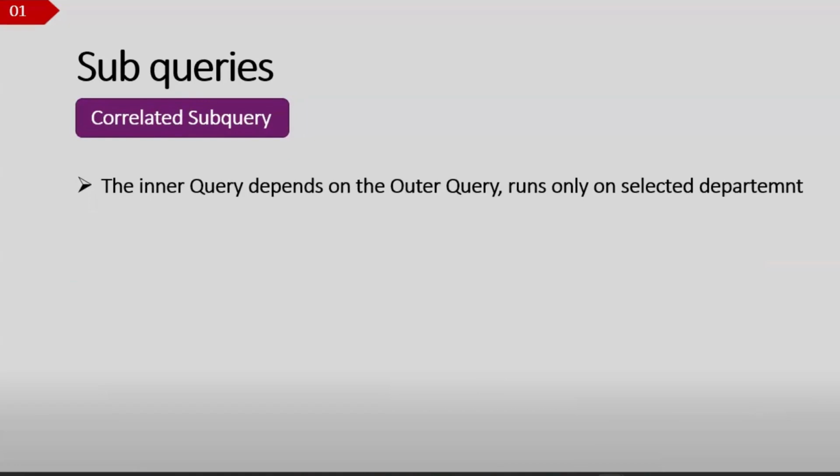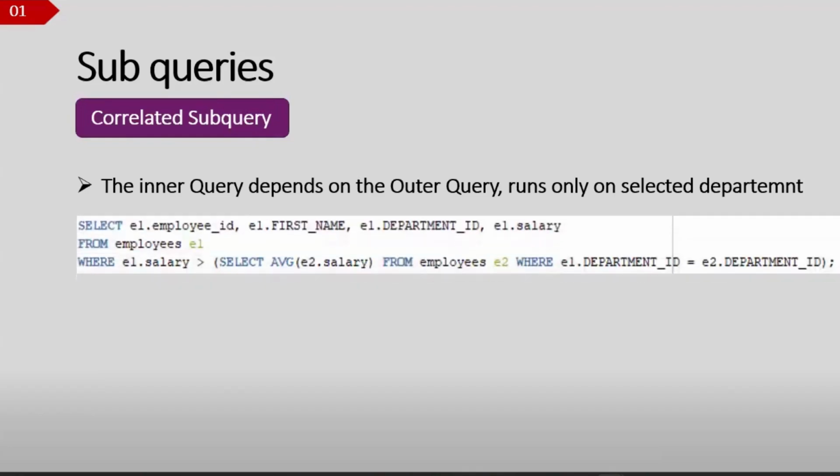The third type: correlated subquery. The inner query depends on the outer query. For example, the same manager asked you to get all the employees whose salary is bigger than the average salary, but not of the whole company, just of their department. So you select any columns you want: employee ID, first name, department ID, salary.